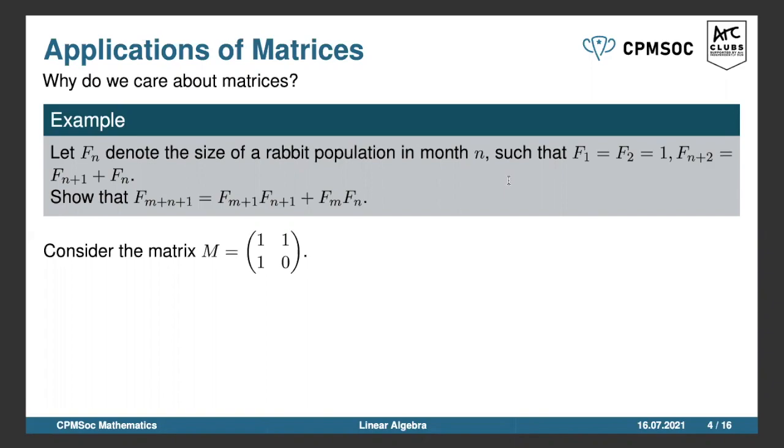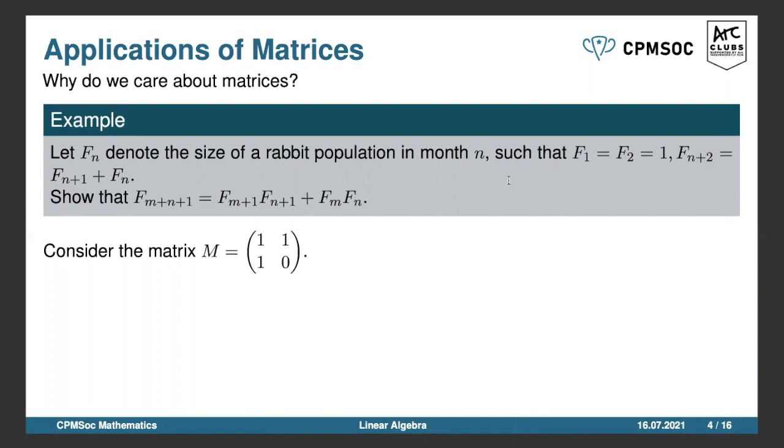So what we have to prove is this interesting identity. This identity holds for all positive integers m and n, which is f(m+n+1) is equal to f(m+1) f(n+1) plus f(m) f(n). That's quite an interesting identity.